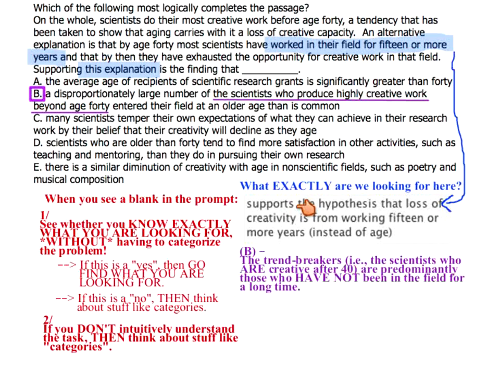Meaning, whenever you want additional support for anything, it by definition will come from outside the current available evidence. That's the whole point. If we stayed in the box here, so to speak, then we could not support or unsupport.